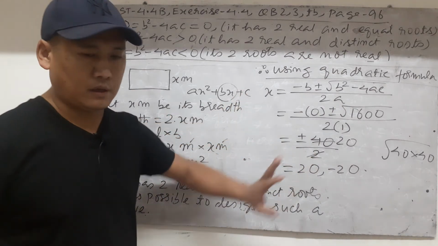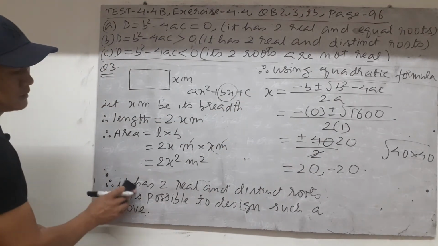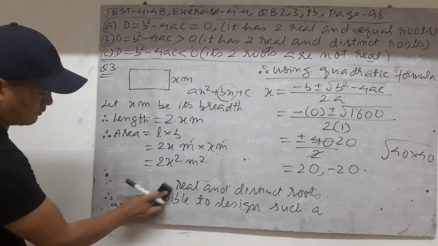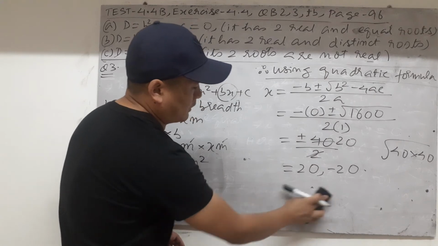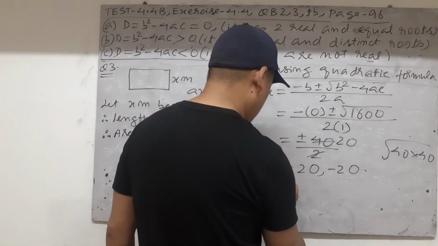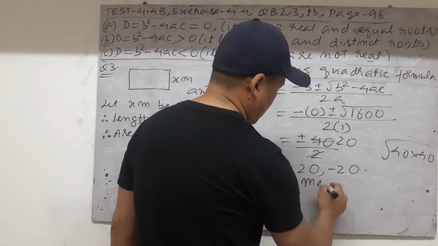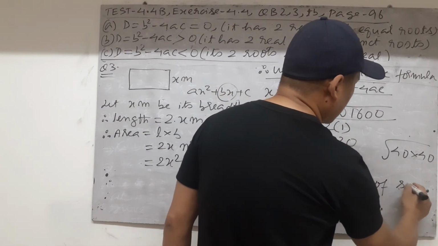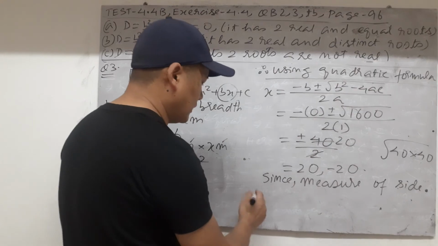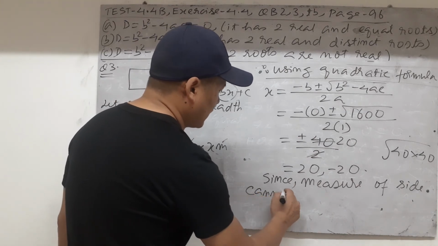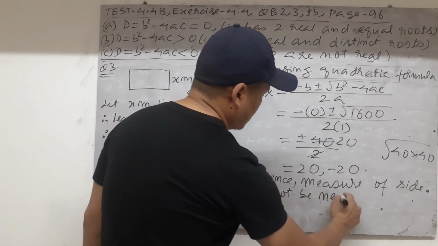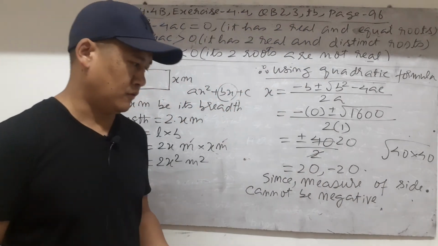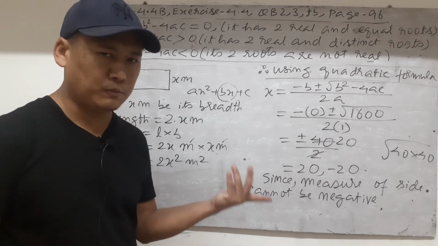Now we are here, come back here. So now let us answer this. I am presuming you have written. So you write here after this, since the measure of a side of a rectangle cannot be negative, the length of this rectangular groove is minus 20, not possible.